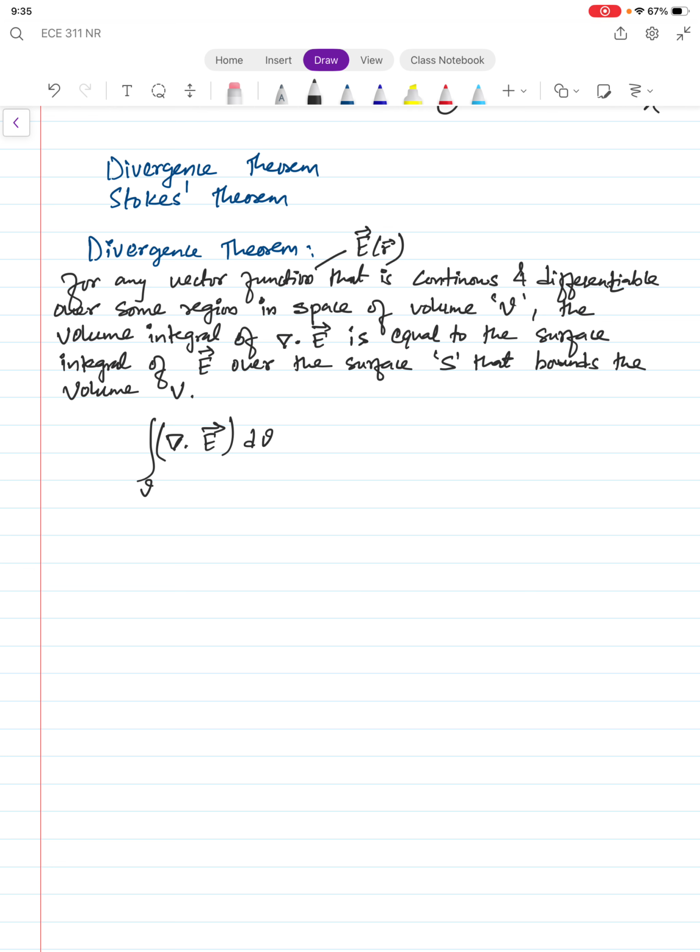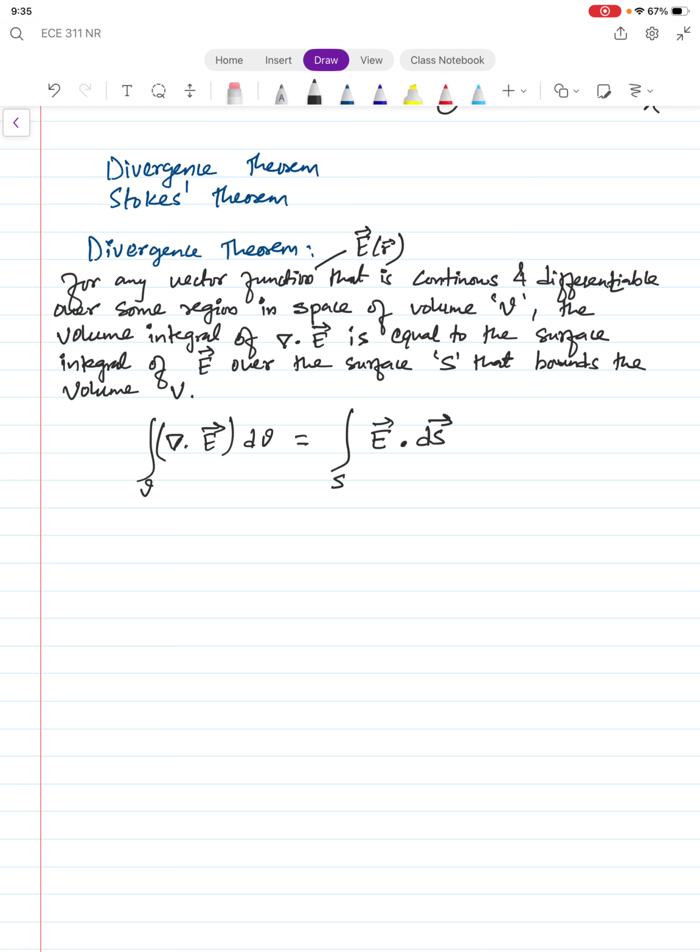And the divergence theorem tells us that that should be equivalent to the surface integral of E dot ds, that is the surface integral of E over the surface.